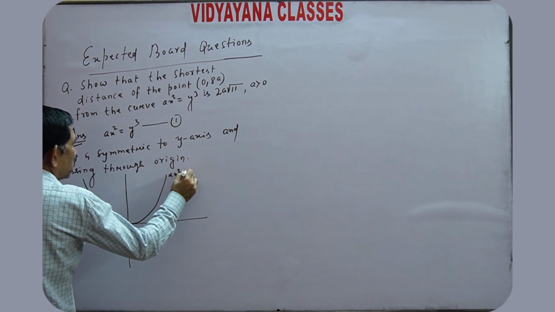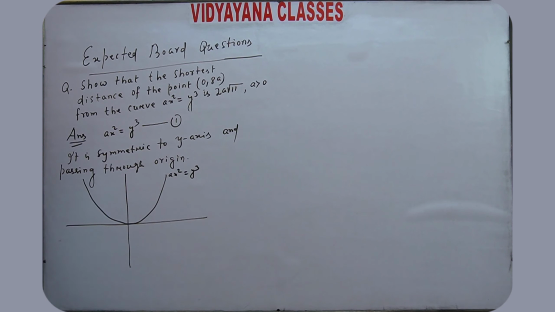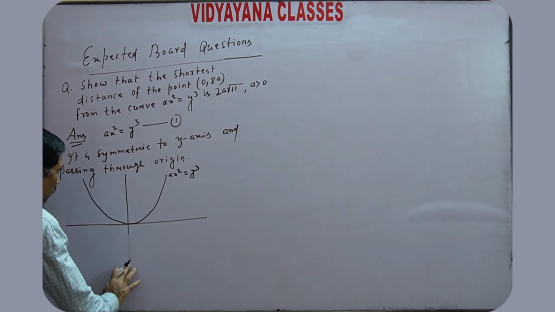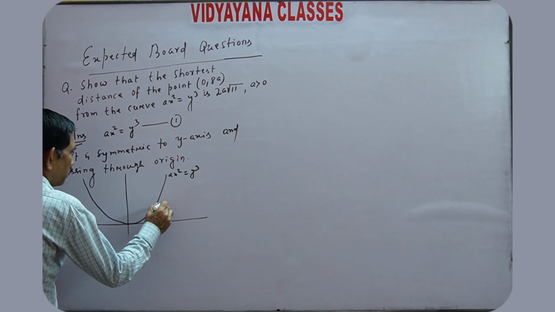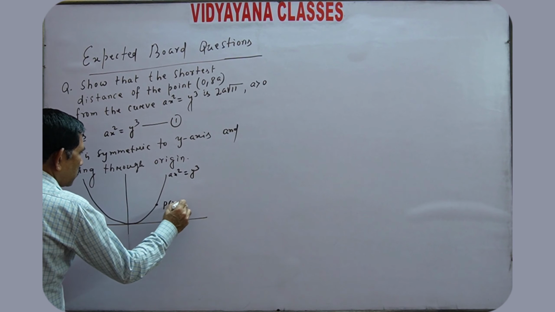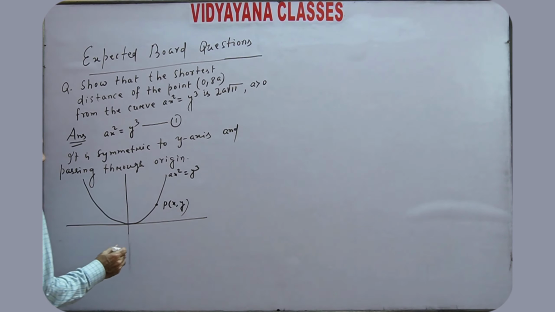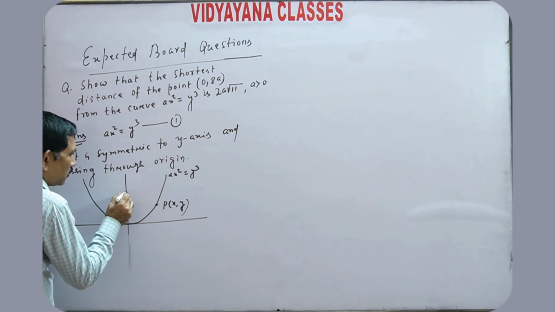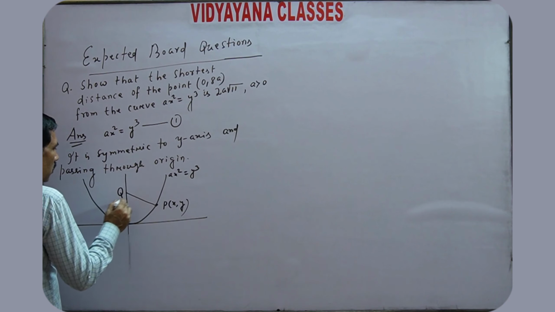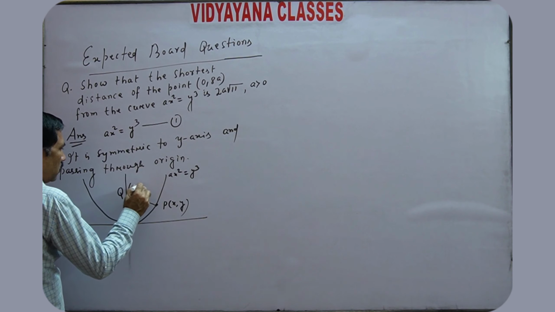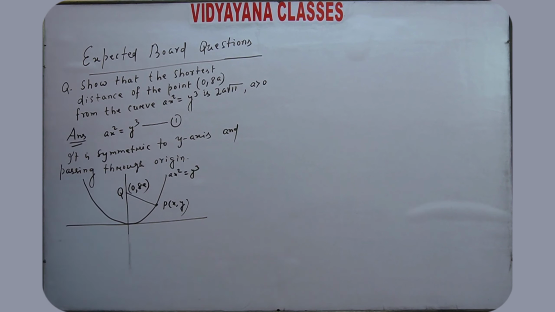x² = y³. It is symmetric to the y axis. Let P(x, y) be any point on the curve. Q is the point (0, 8a).